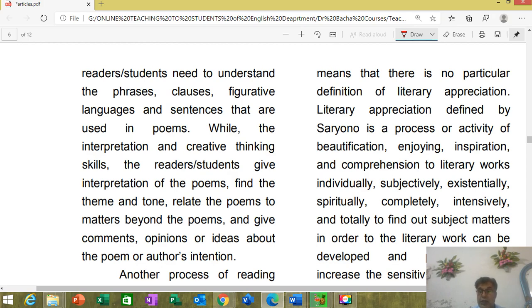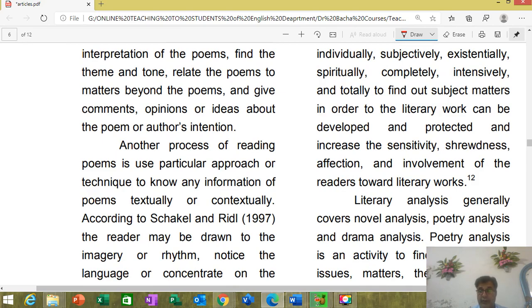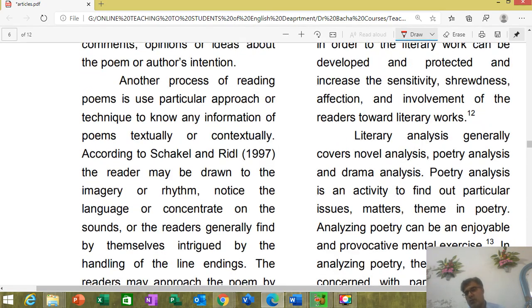So if such things happen in a poetry classroom, which is also related to language, obviously this would be a very good thing.